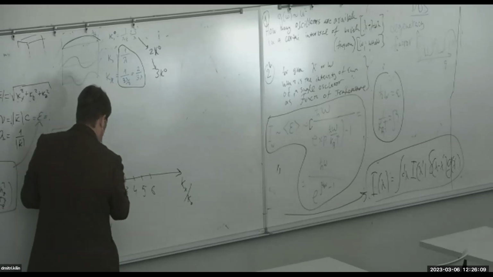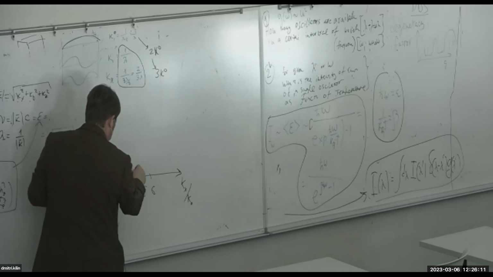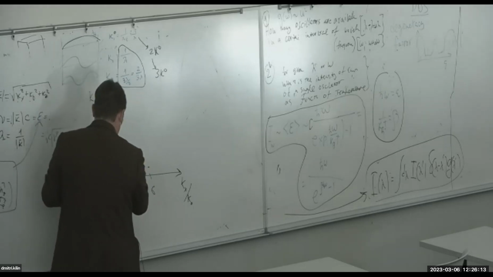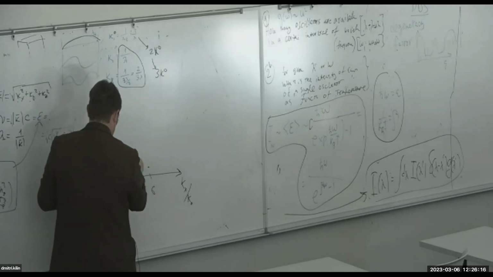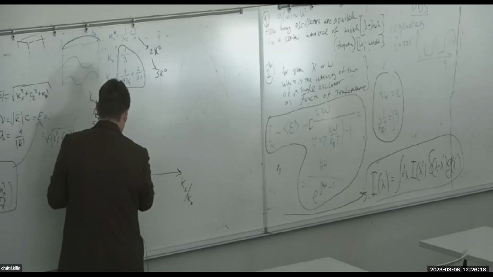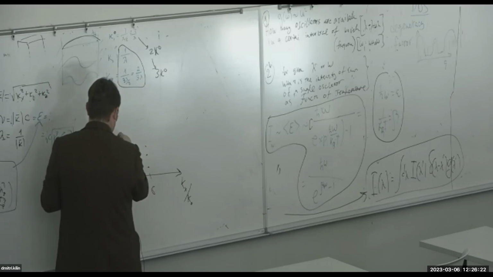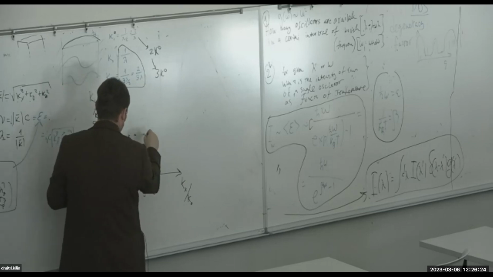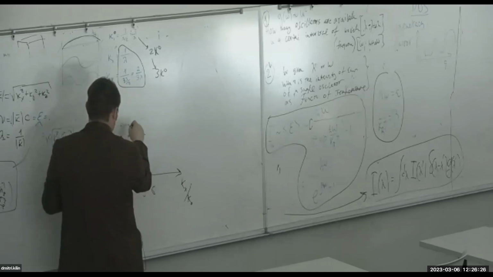So a point on this diagram means one standing wave. So we have kind of a square lattice of points.